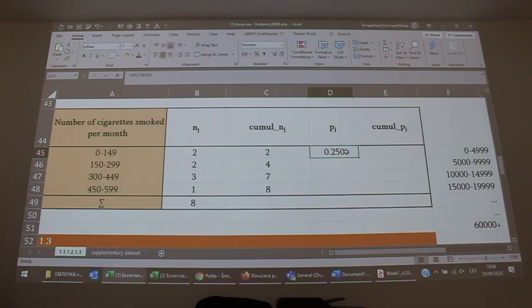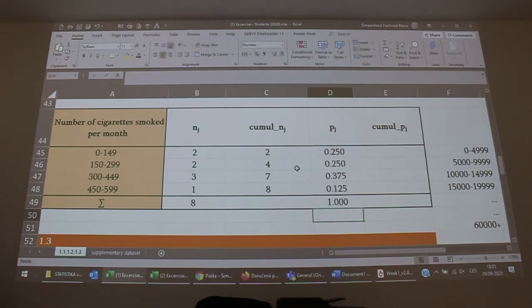If you multiply this value by 100, the result is 25%. You can see this black cross, use the left button of the pointer and copy the formulas: 25%, 25%, 37.5%, and 12.5%.